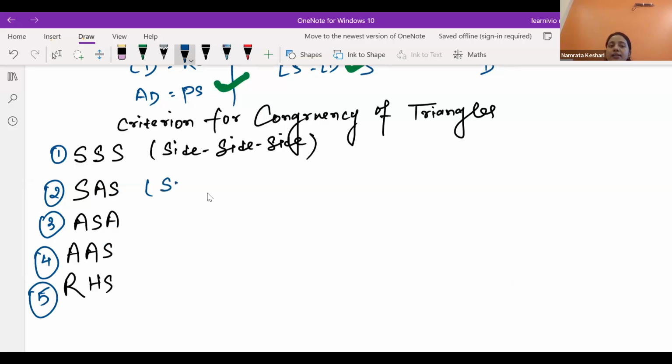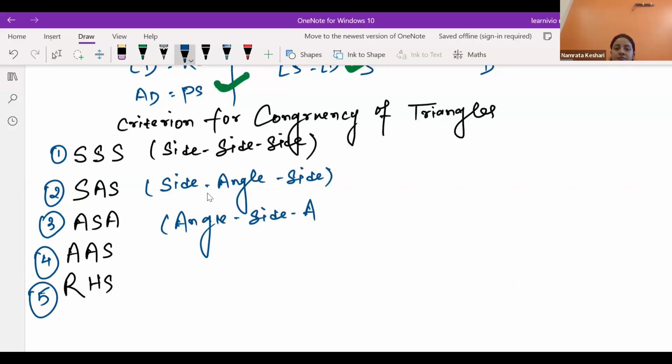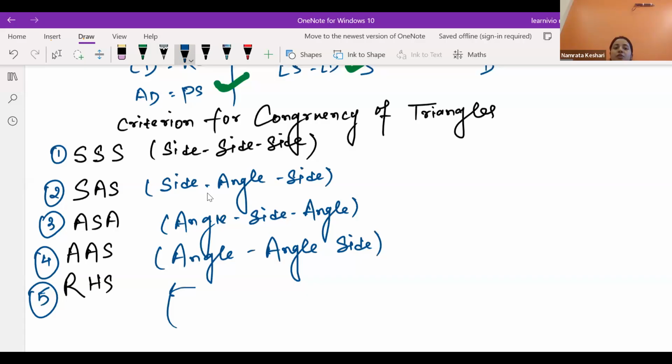So the side angle side criteria you were having, the angle side angle criteria you all have learned, the angle angle side criteria, and right angle hypotenuse and one of the sides.